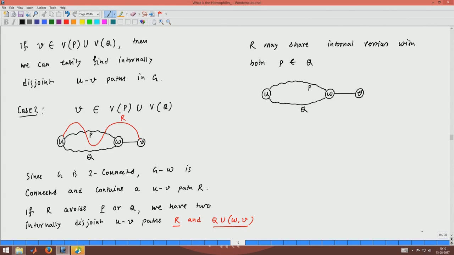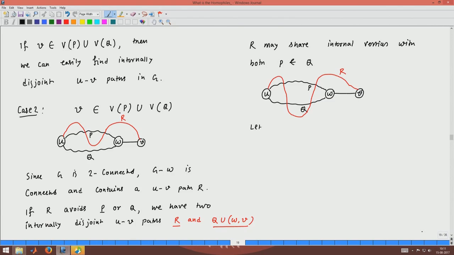That means there is a path R between U and V, and that path shares internal vertices with both P and Q. So, this is my R now. Right. In this situation I have to find two internally disjoint paths between U and V.